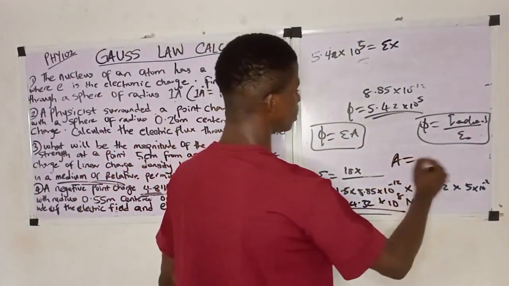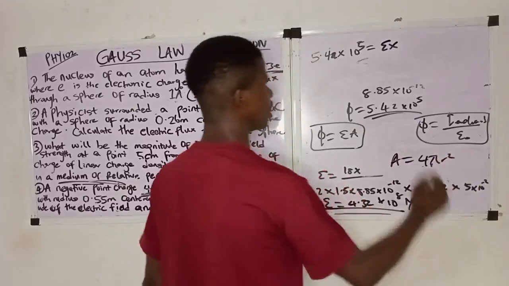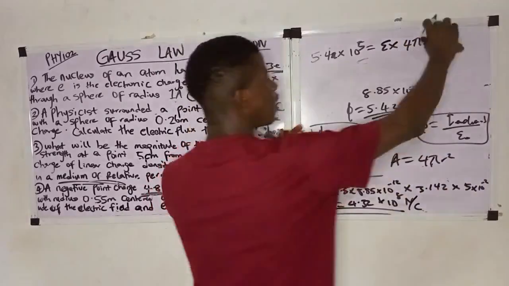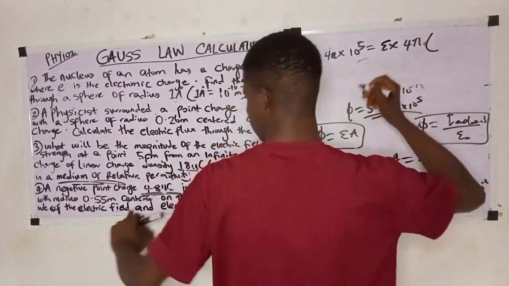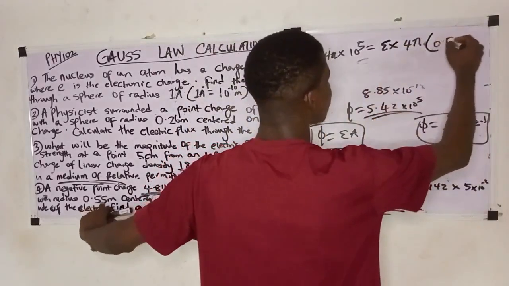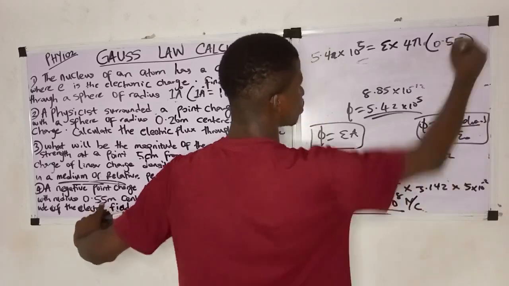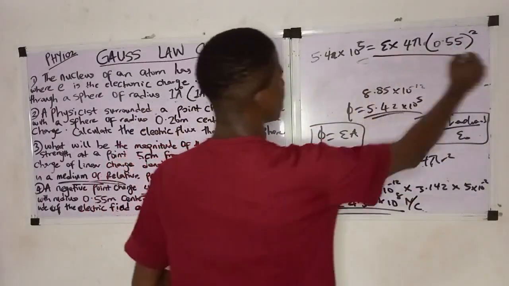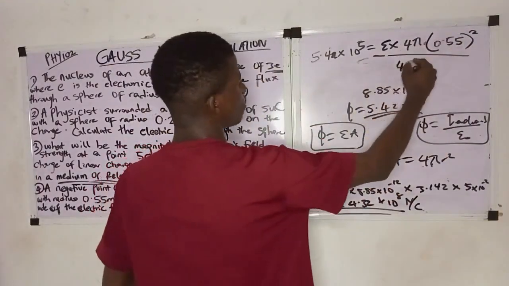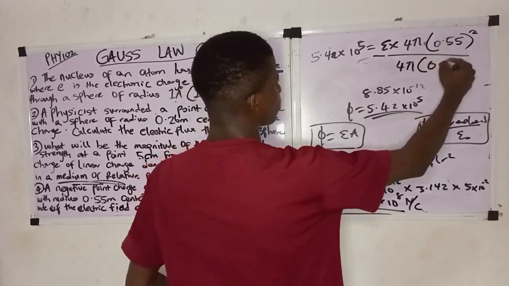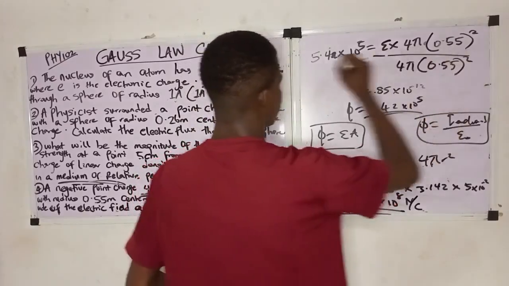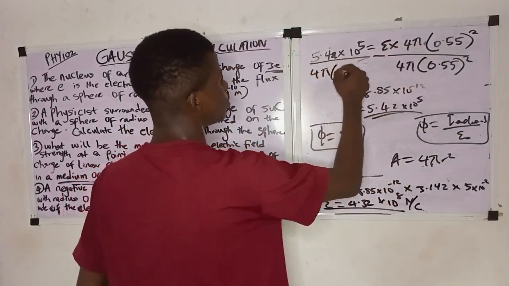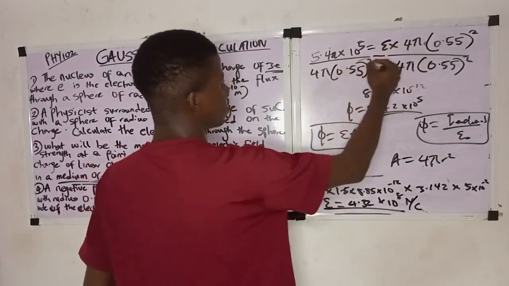The area of a sphere is 4 pi r squared. Our radius in the question is 0.55, so 0.55, and don't forget the square. Since we are looking for E, we divide both sides by 4 pi times 0.55 all squared.